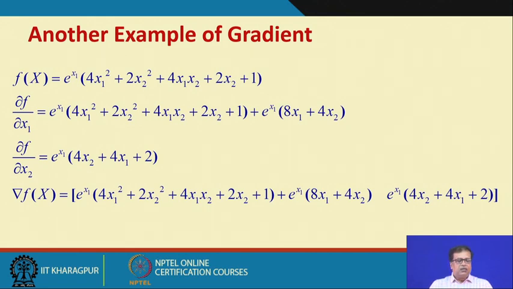Now, if you differentiate it with respect to x 1, then this differentiation has to be done in parts, right. In the first part we differentiate e to the power x 1, and the differentiation of e to the power x 1 is e to the power x 1 itself.